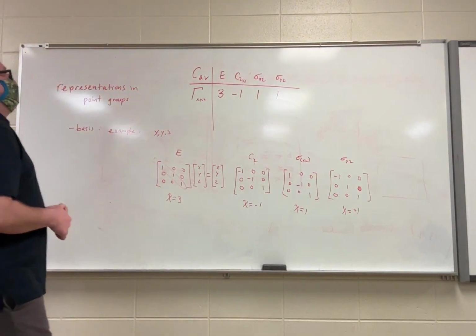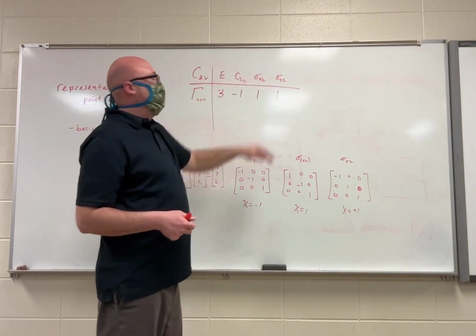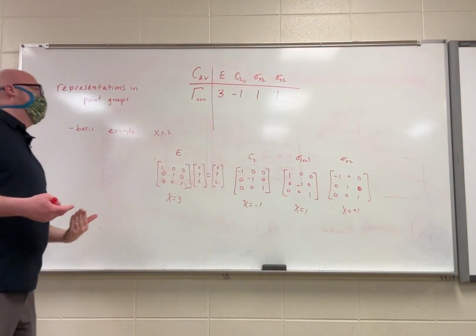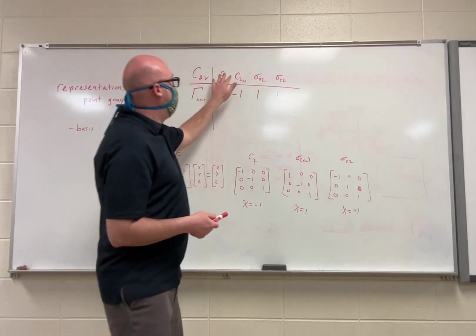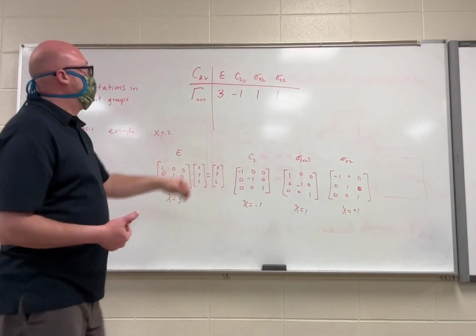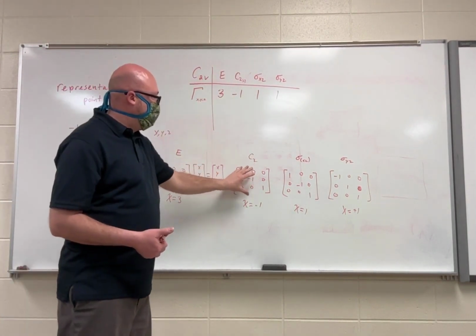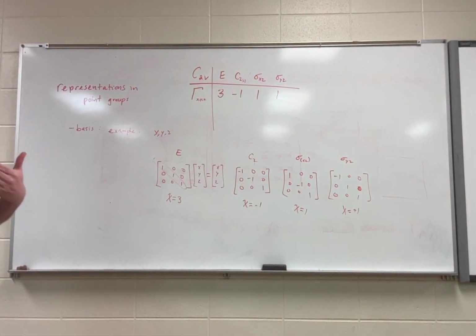Okay. Now here we don't have to worry about that because everything is a class of order 1. But we'll see lots of point groups where we have greater than 1 order of the class. And so every symmetry operation must have the same character for its matrix. That is a rule that must hold true.